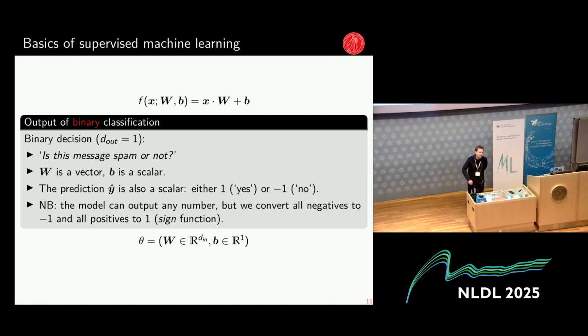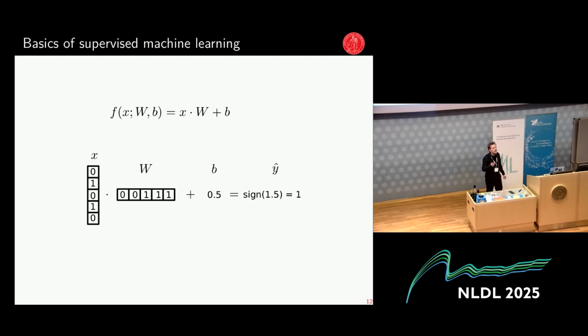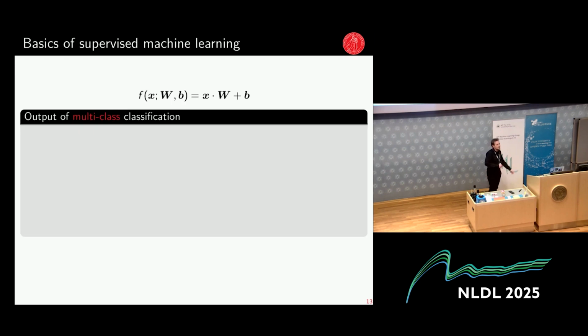A spam message, not a spam message. In fact, the model can output any number, of course. But for simplicity, we will just convert all negatives to -1 and all positives to +1 using the so-called sign function. So this is the depiction of such a binary classifier, which takes as an input some feature vector and predicts 1 or -1. So class 1, class -1.